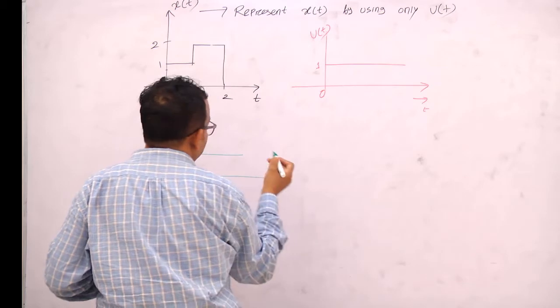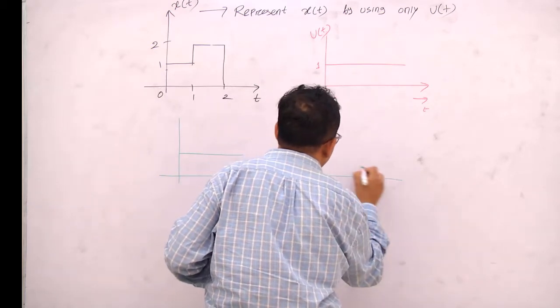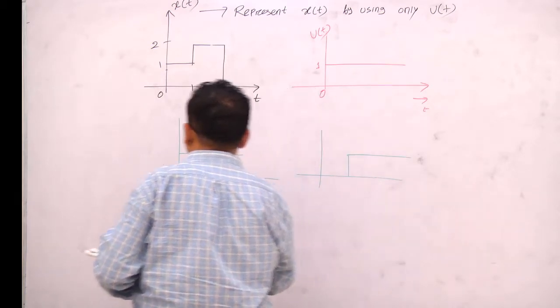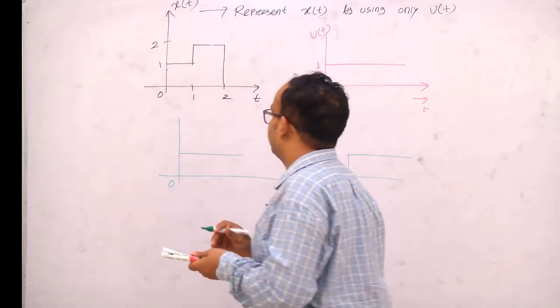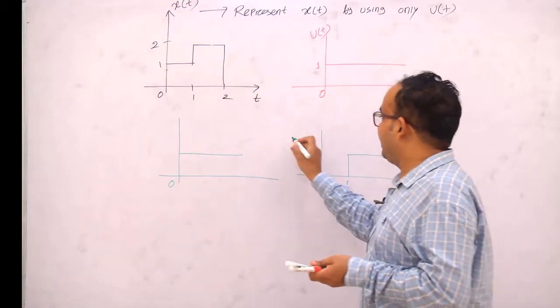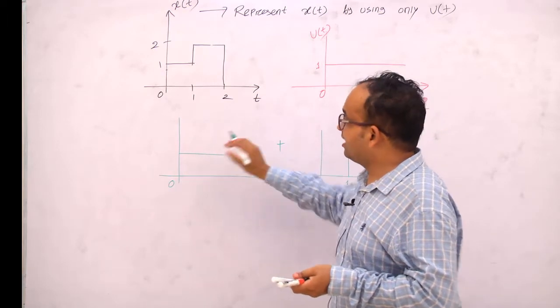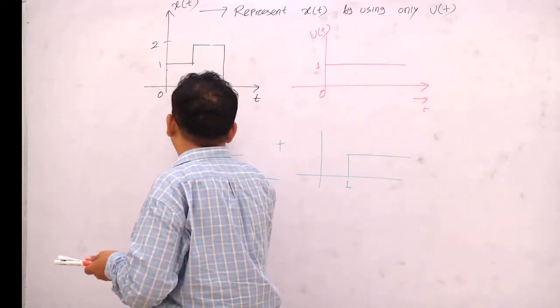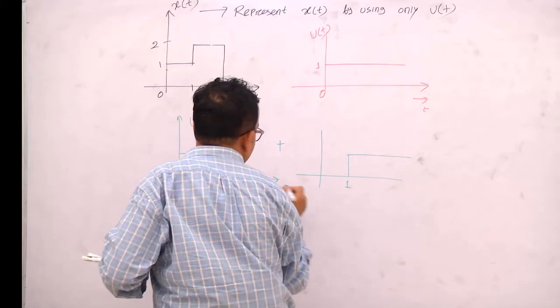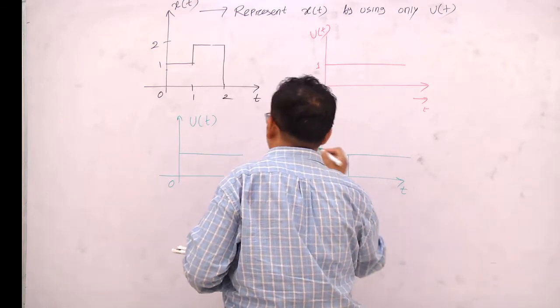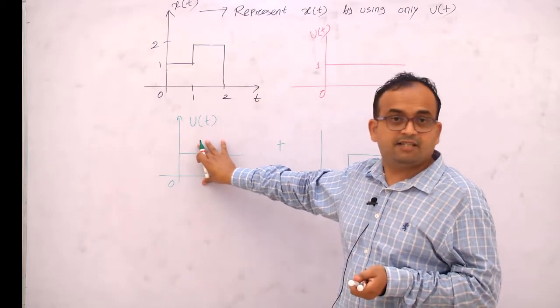This is one unit step signal. This is another unit step signal. This is starting from 0. This is starting from 1. Right? So if I add, what is the signal? This signal is known as u of t. This is the time axis. This is also the time axis. This signal is known as u of t.